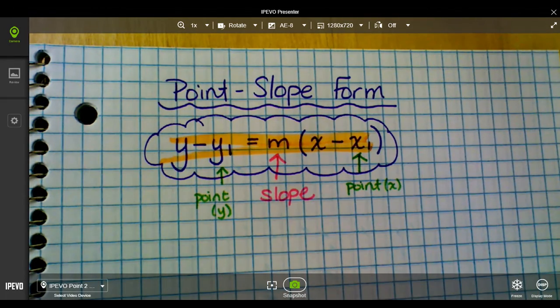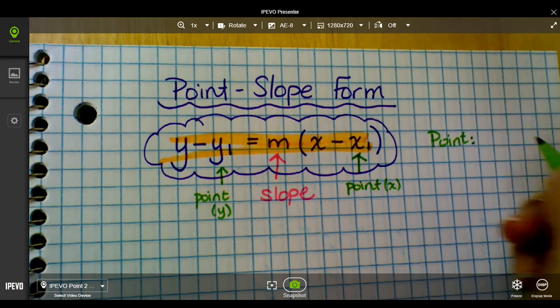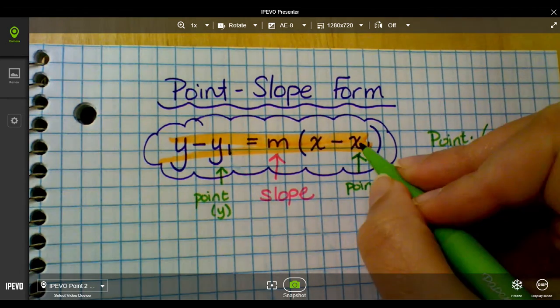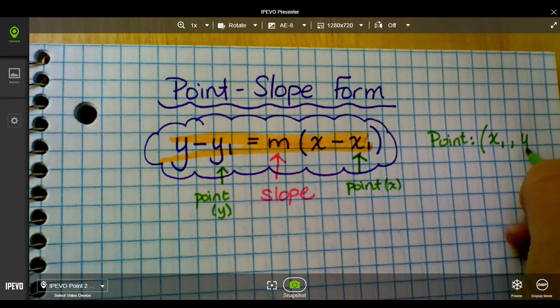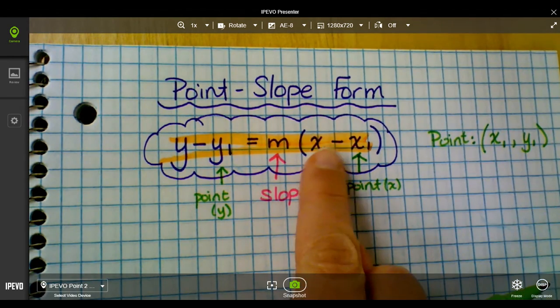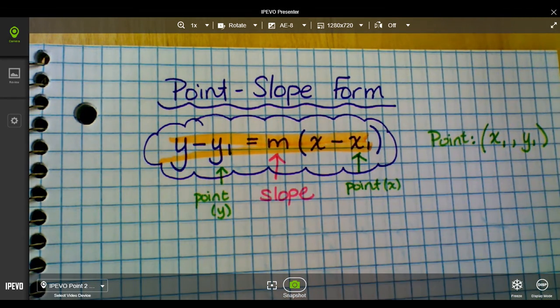Okay, so over here, this is what your point is, and we're going to be talking about this a little bit. Your point over here, when you're taking it out, is always going to be x1, y1. Your formula is telling you to subtract in order for this to actually work out, just like your slope formula is m equals y2 minus y1 over x2 minus x1.